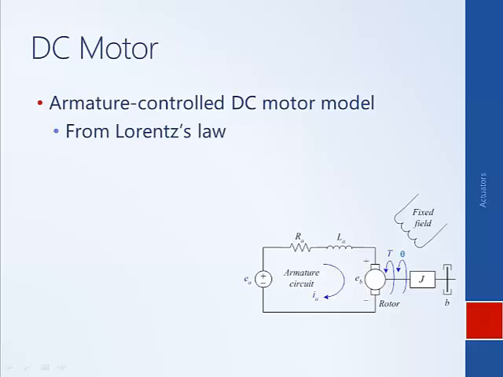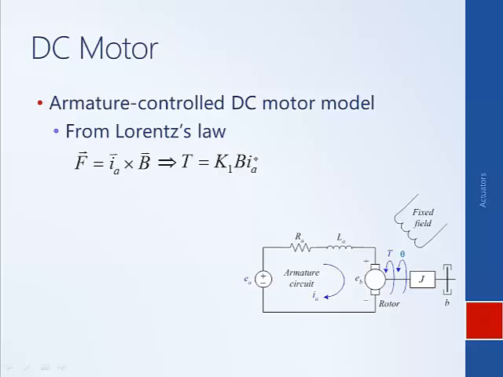Thinking back to how the motor works, from Lorentz's law we know that the force generated on the rotor is a function of the current through the armature and the strength of the magnetic field B. Also, a force acting at a distance, or with a moment arm, generates a torque, so we can come up with an equation for the torque generated by the motor and applied to the rotor, where this constant K1 is based on the geometry of the motor, the number of coils, and the position of the coils relative to the magnetic field.